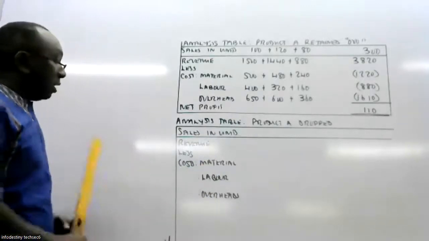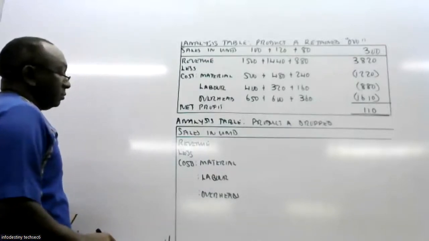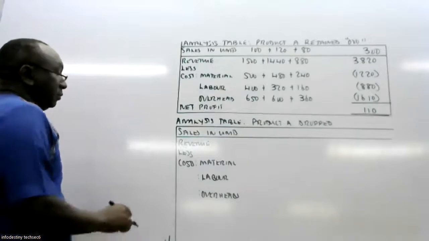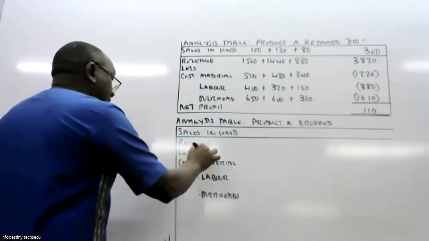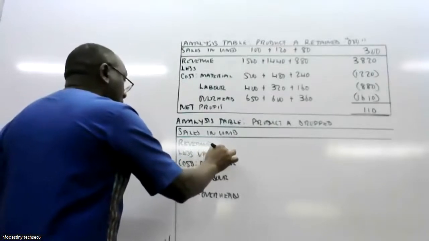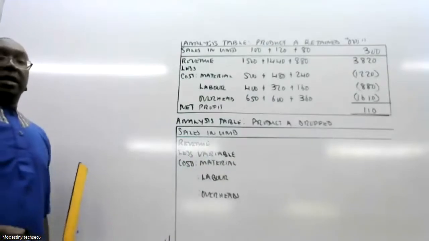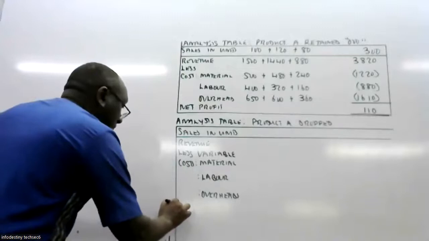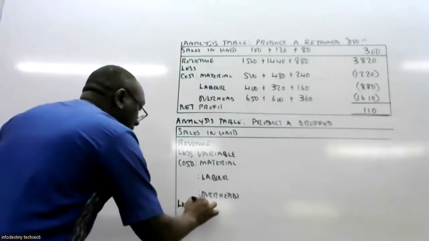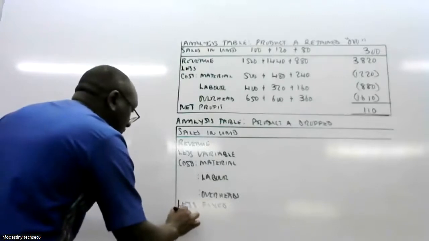Okay, so I wanted to separate them. So rudi hapa juu uandike variable. I want us to separate, lakini hakuna shida if you are combining, haina shida. Less variable costs, alafu bado tuseme hapa less fixed costs.